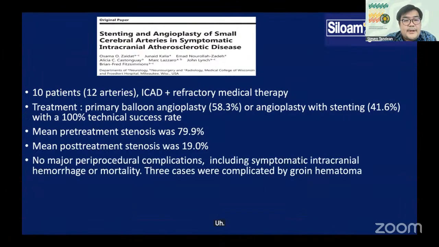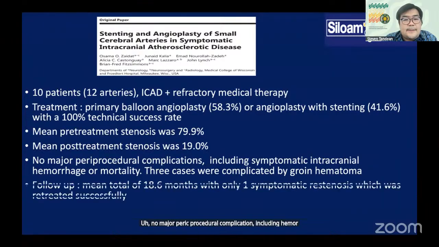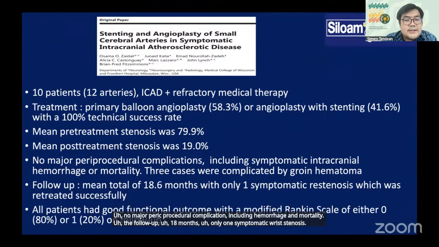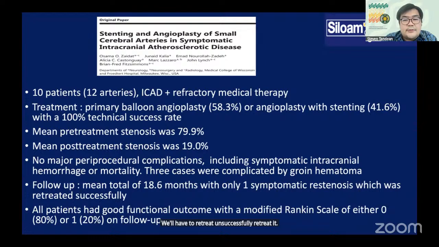No major peri-procedural complication, including hemorrhage and mortality. At 18 months follow-up, only one symptomatic restenosis had to be retreated, and was successfully retreated. All patients had good functional outcome, with modified Rankin scale 0 in 80% and 1 in 20% on follow-up.